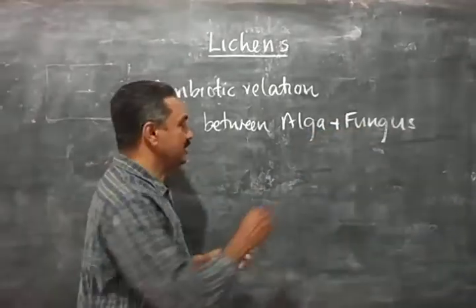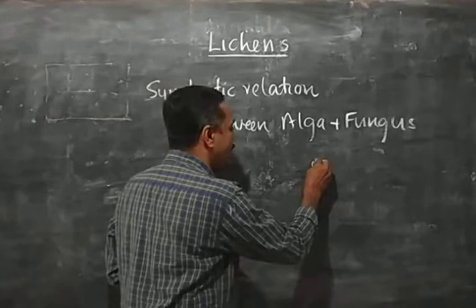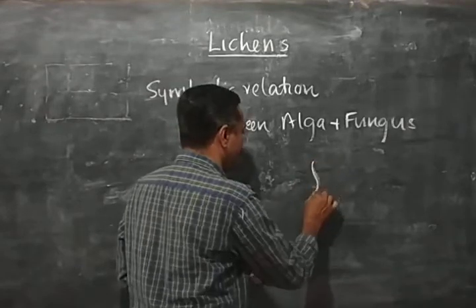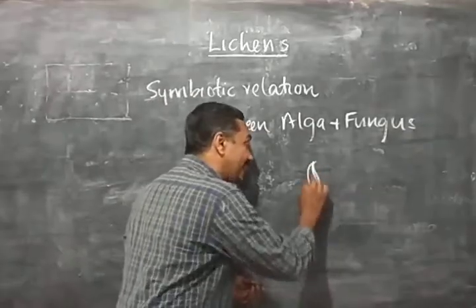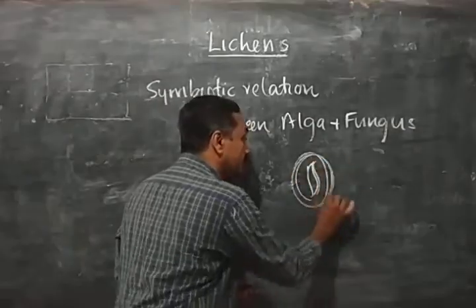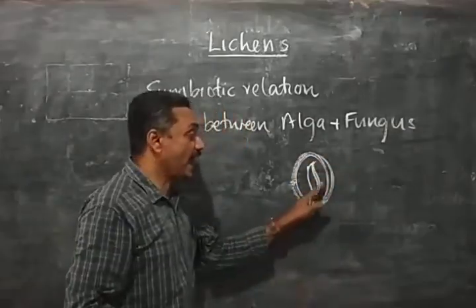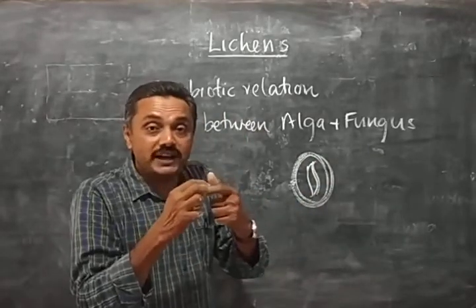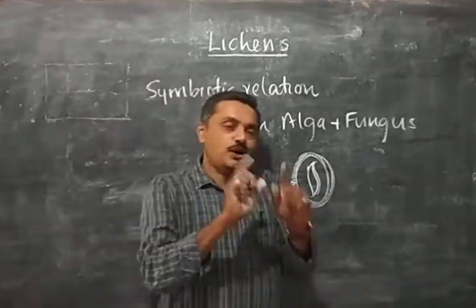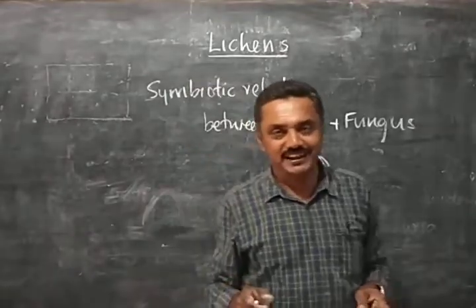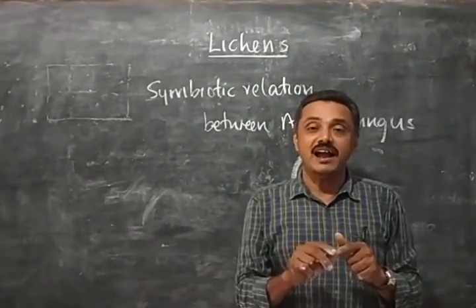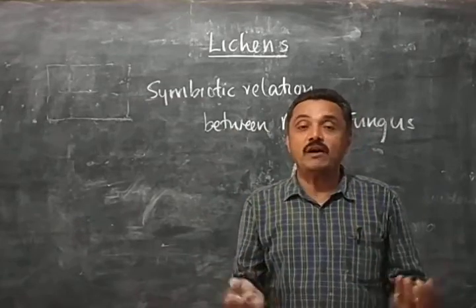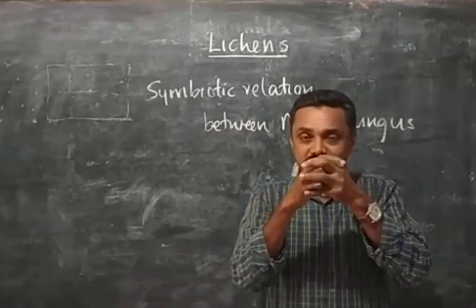One alga and one fungus living together. See, alga and fungus are joined together in nature. We cannot join an alga and fungus together. In nature itself, one green colored alga and one fungus are joined together.